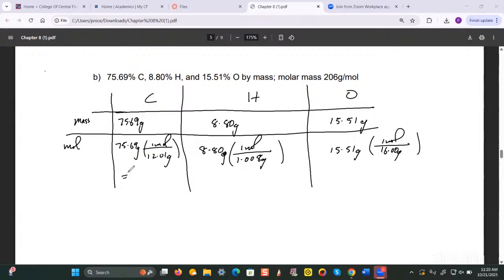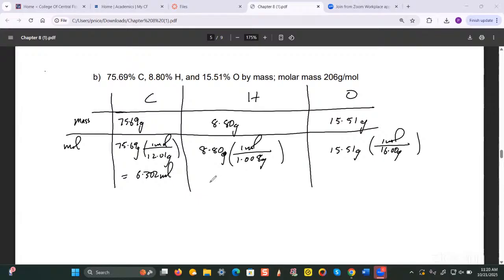So 75.69 divided by 12.01. And according to my calculations, this works out to be equal to 6.302 moles. And then we do the same thing for the hydrogen, 8.80 divided by 1.008.